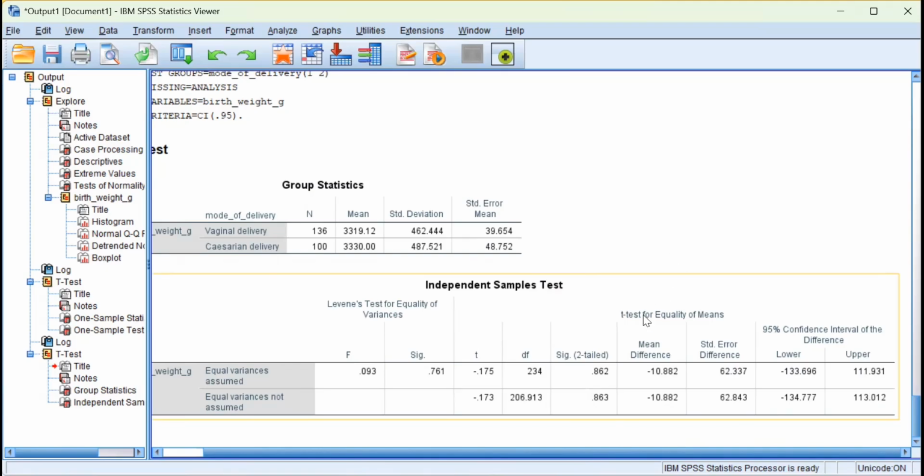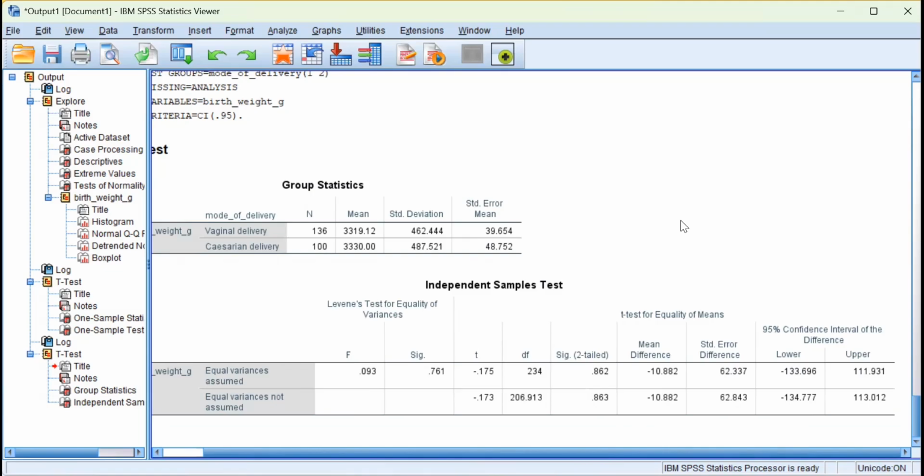And that's its own standard error, and this is the mean difference. And the degree of freedom is 206.